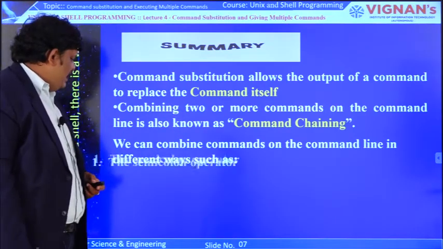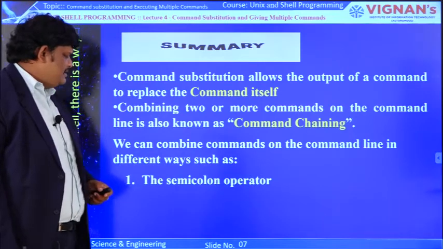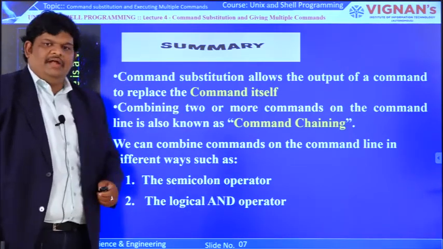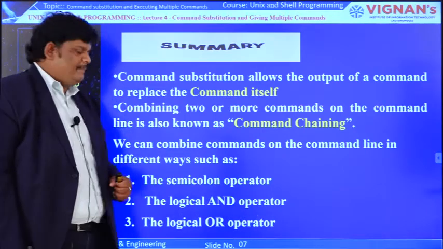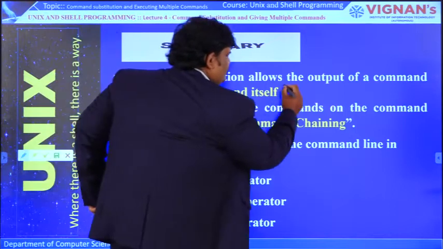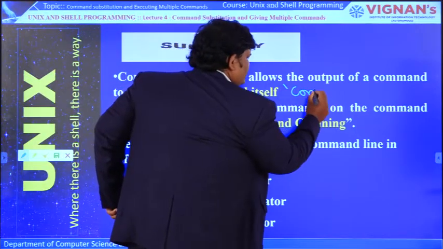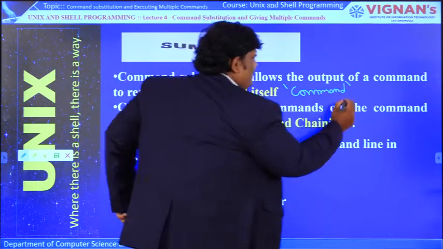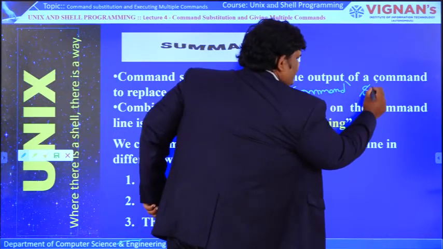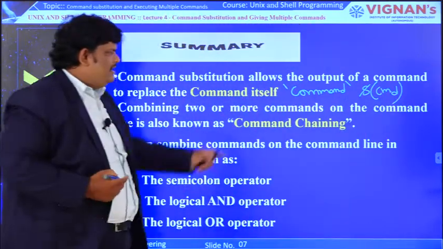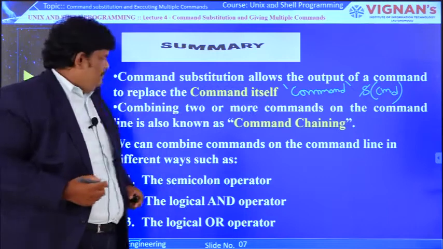This happens with the help of 3 operators: the semicolon operator, the logical AND operator and the logical OR operator. So see here, command substitution we can write in 2 ways. One is within back quotes we can write our command. Another syntax is dollar symbol with parentheses, where we can write the command. By this way we can use command substitution.